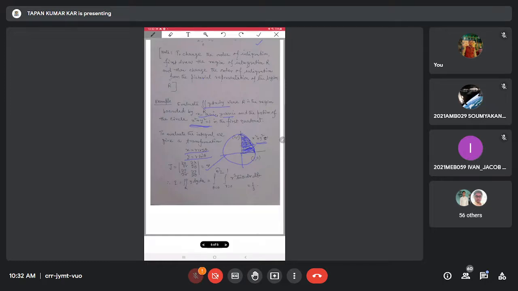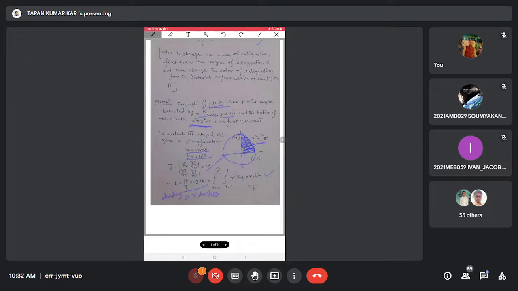Now y means r sin theta, and dx dy equals r dr d theta. So it is r square sin theta dr d theta.